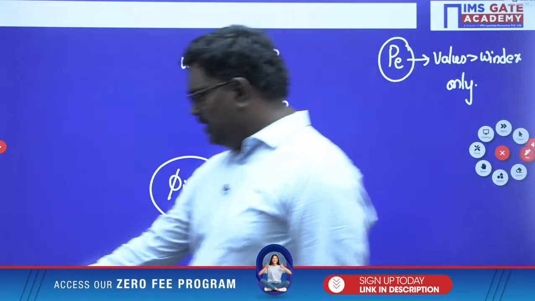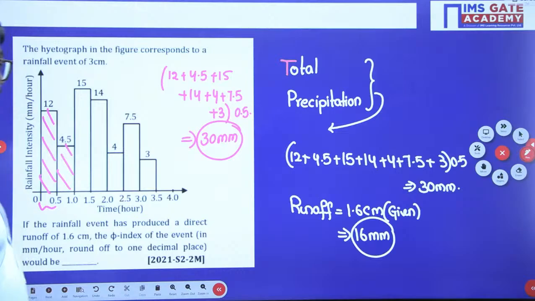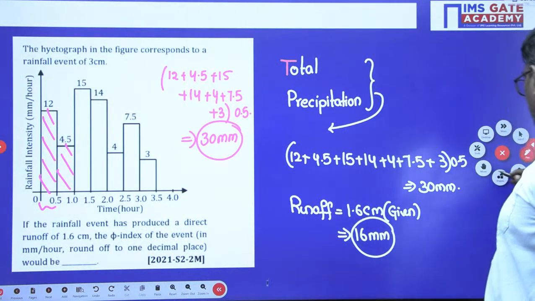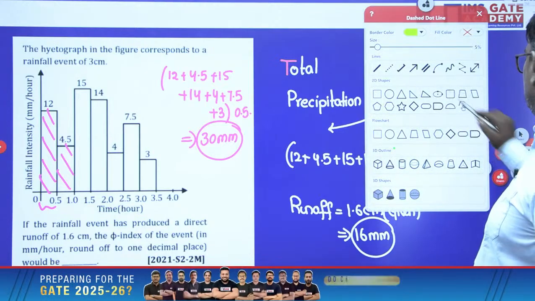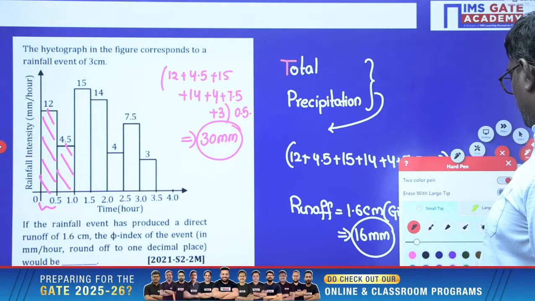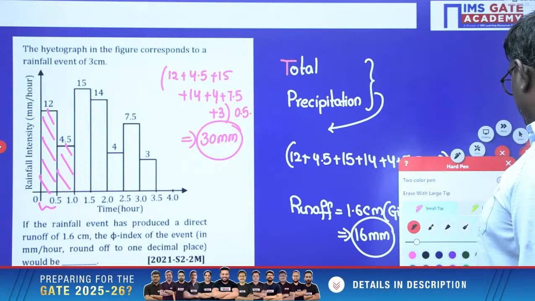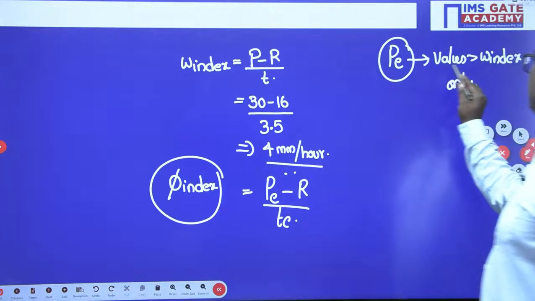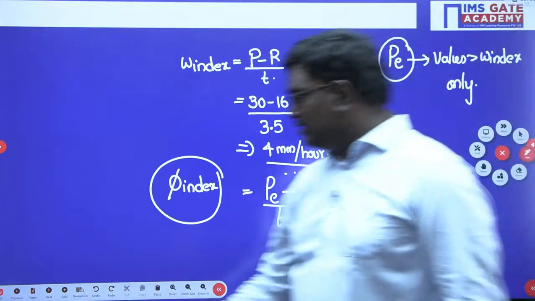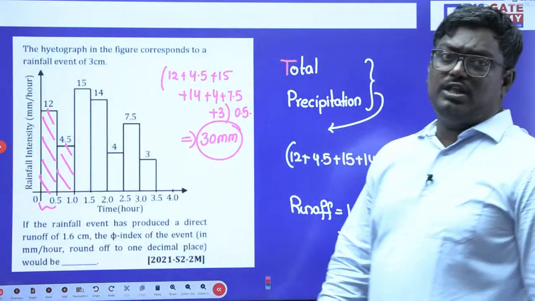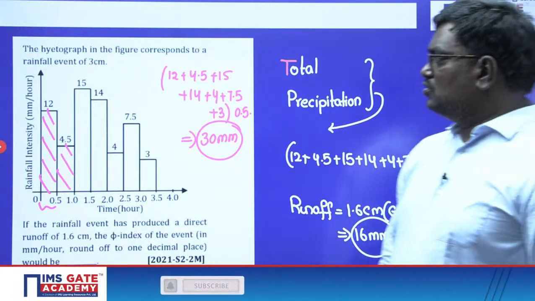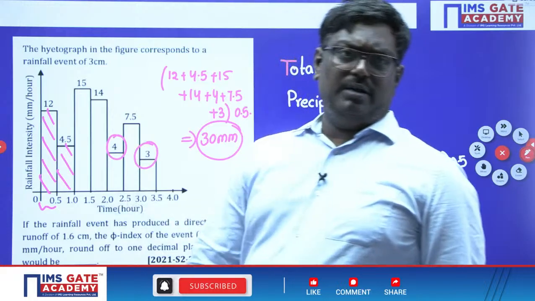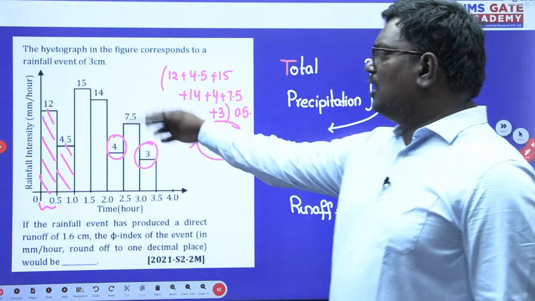So what are the values more than 4? Or you can exclude the values which are less than 4. So this 4 can be included and this 3 will be excluded. Remaining all are more than 4 only.